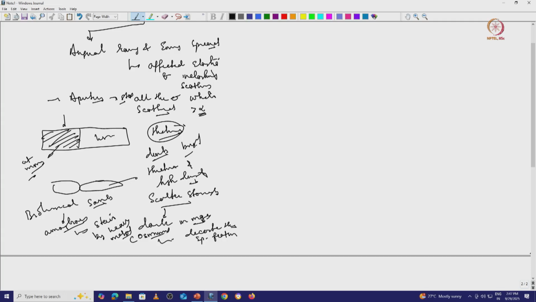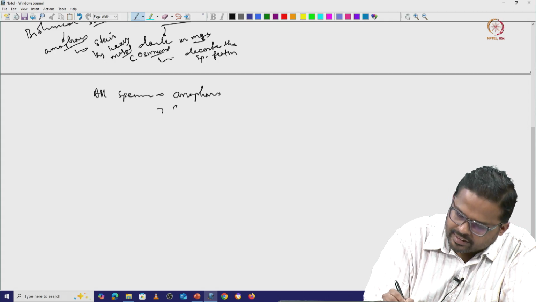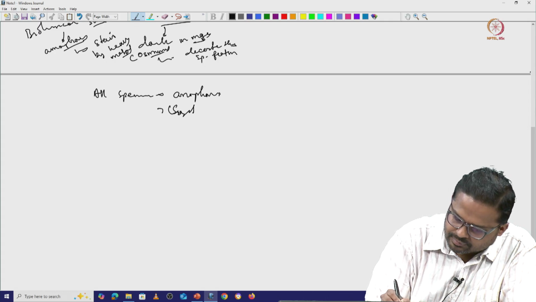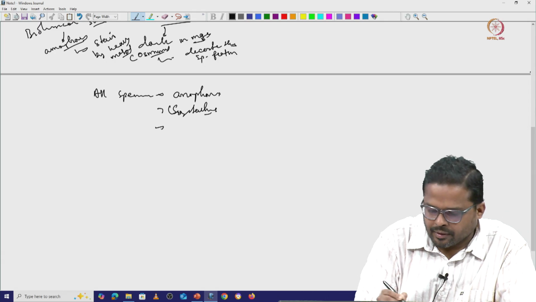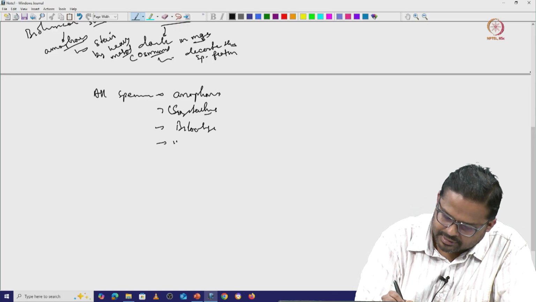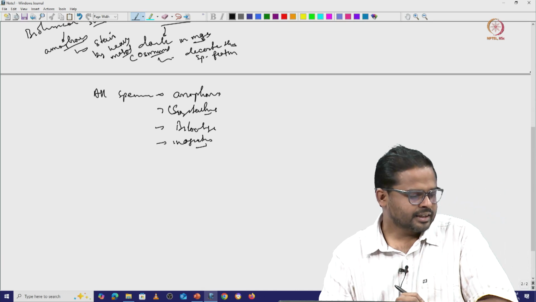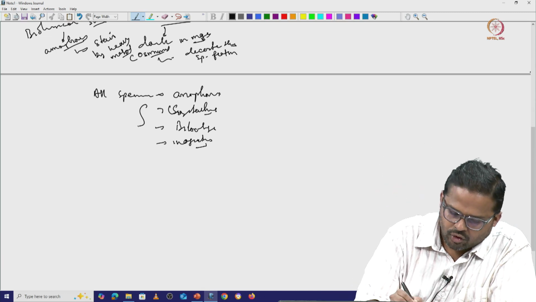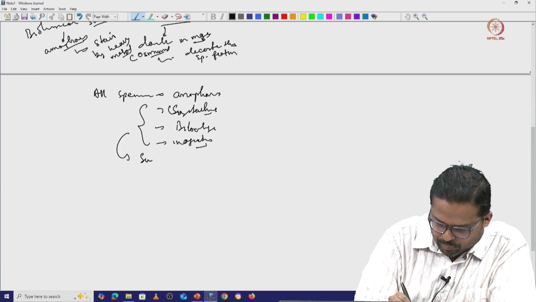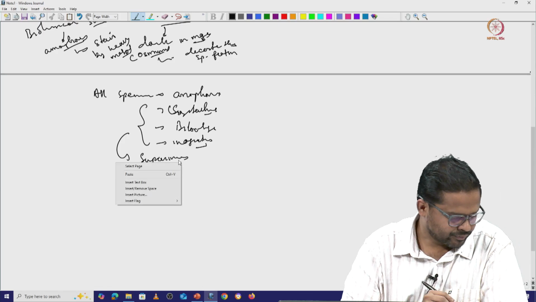So, all specimens, either an amorphous region or a crystalline region, biological or inorganic samples. Okay. So, whatever contrast you are getting, you can also superimpose. Okay.